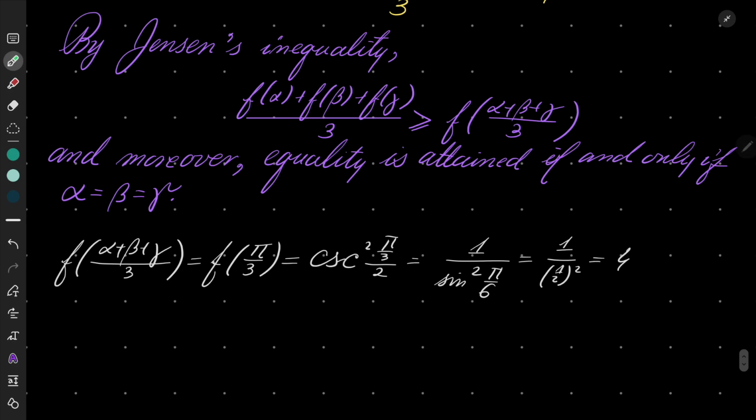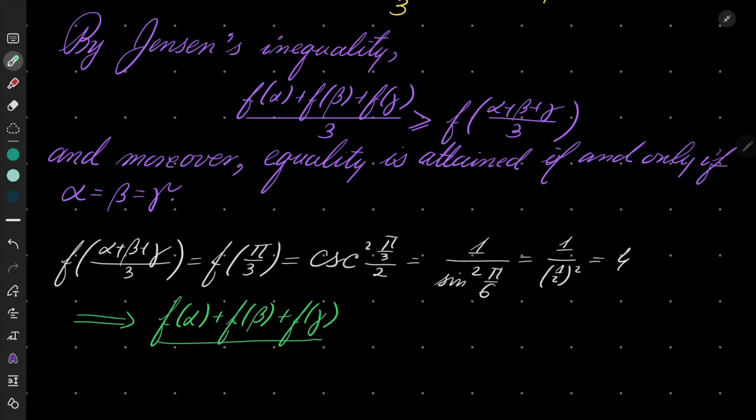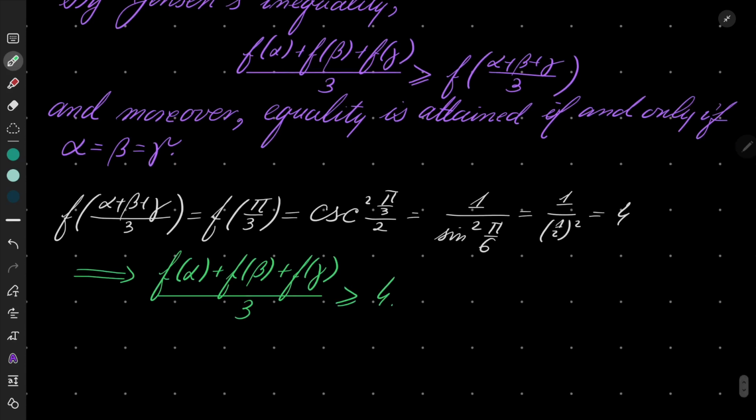Which means that, in fact, f of alpha plus f of beta plus f of gamma over 3 is greater than or equal to 4. Moreover, when is equality attained?